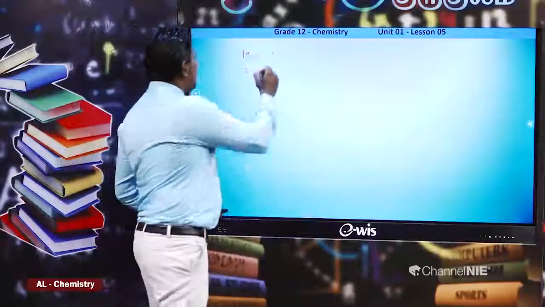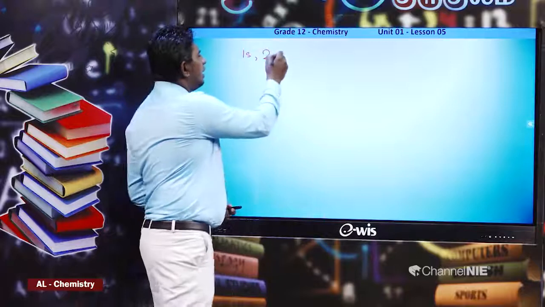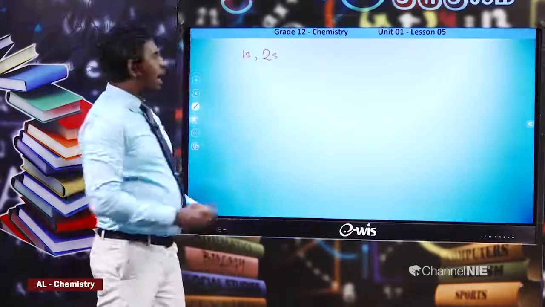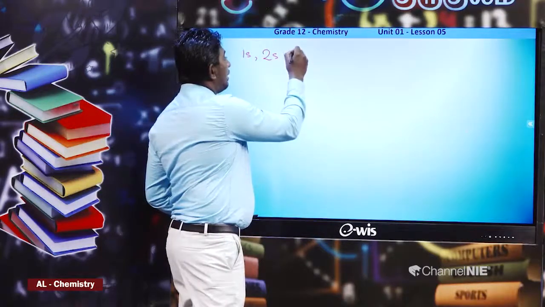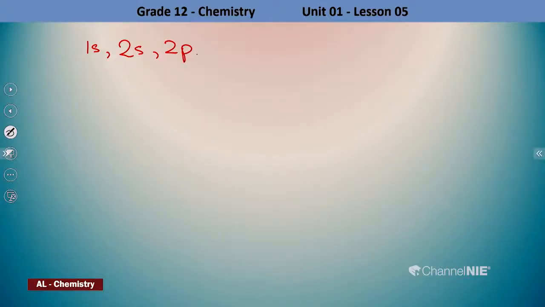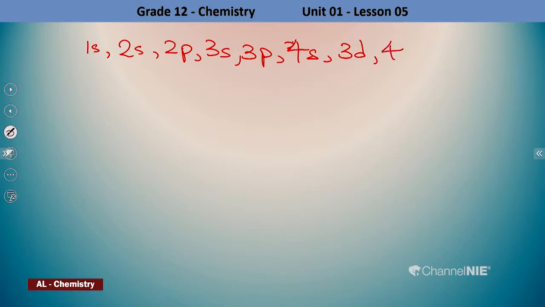Then you go to 2s, fill that, then go to 2p, then 3s, 3p, then it is not 3d, it's 4s, and only after that 3d, then 4p, 5s, then 4d, 5p, 6s. It goes like that.